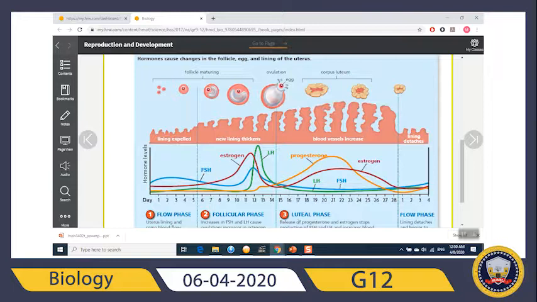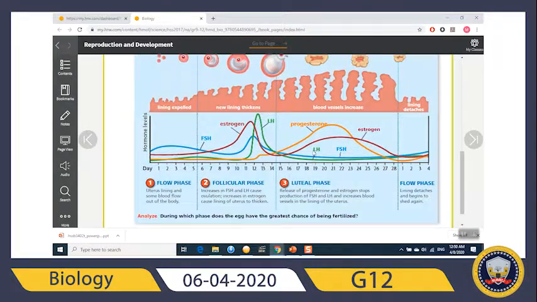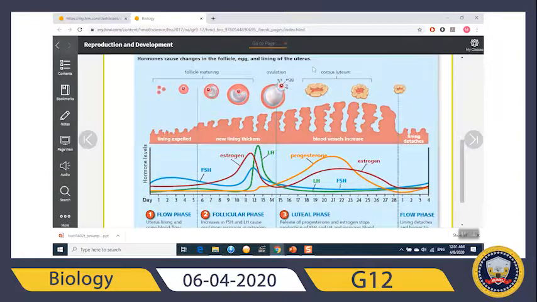In the luteal phase, the LH and FSH will drop, and progesterone and estrogen will now increase the blood vessels and thicken the lining of the uterus. The egg will be released from the follicle. The rest of the follicle will now be called the corpus luteum.